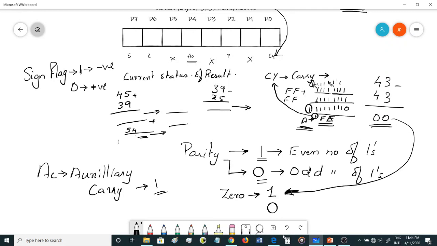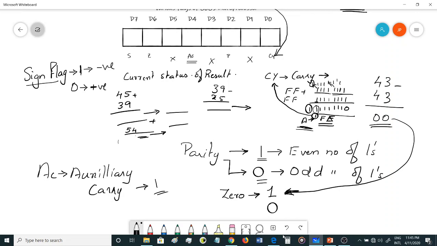In 8085, the major flaw is the way in which they have designed its sign flag. Let's look at the functioning of this sign flag. The sign flag actually copies just the most significant bit, MSB of your result.